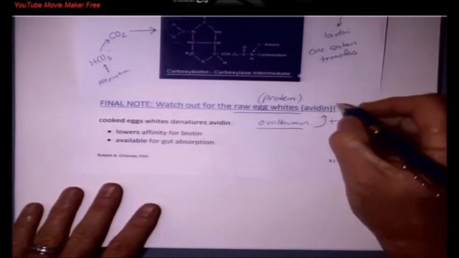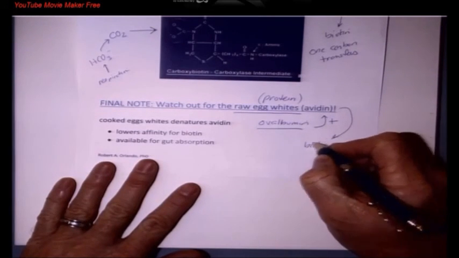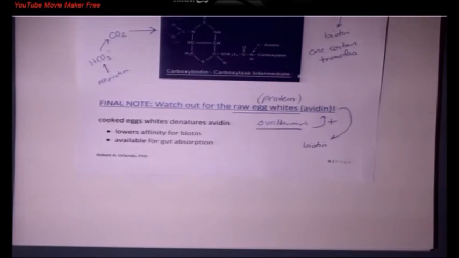Avidin binds to biotin with almost the affinity of a covalent bond. And so once biotin is bound to avidin, that biotin is no longer biologically available. There's no way to dissociate those two because of the strength of that bond.